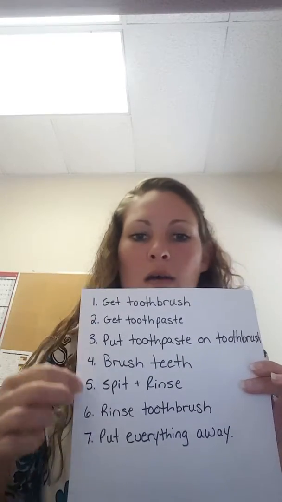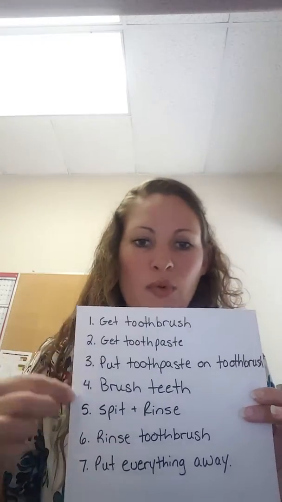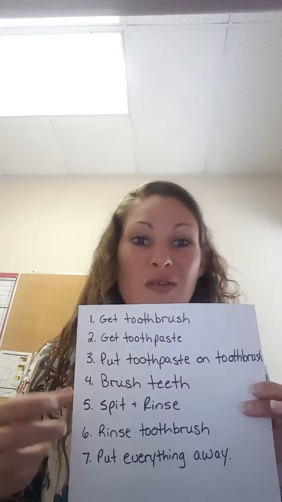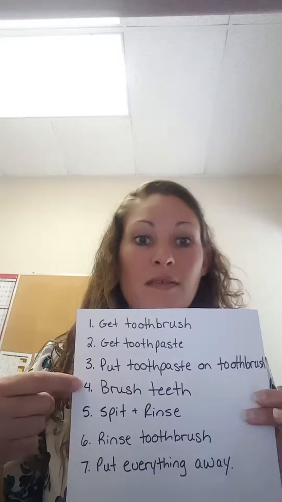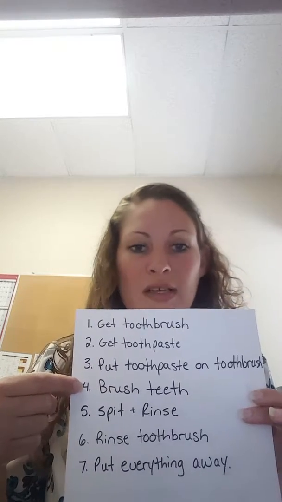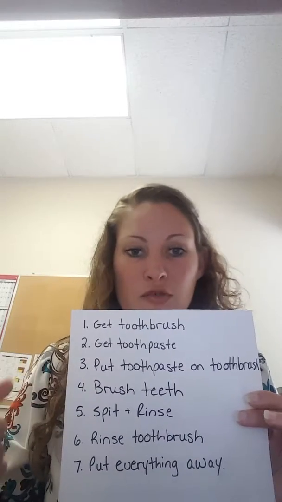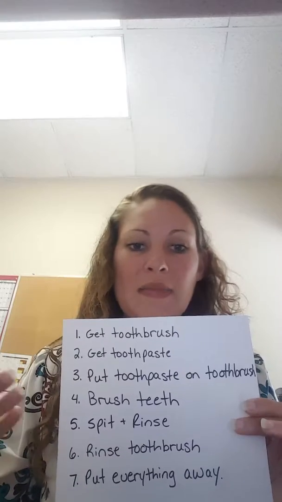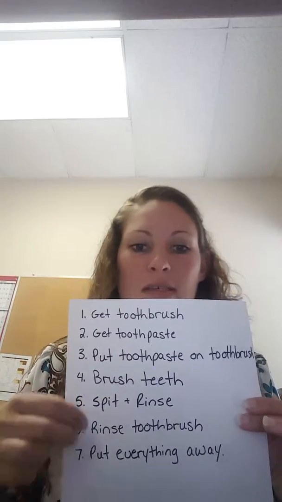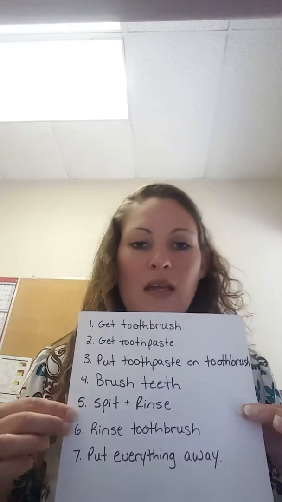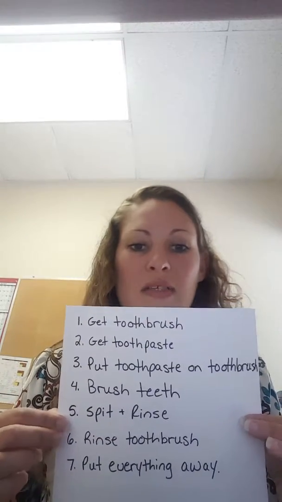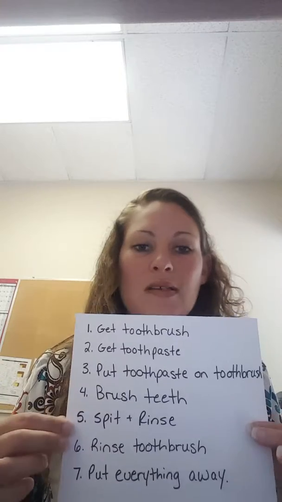So this is a rough outline of how you can break down toothbrushing into different steps. You can even go as far down to breaking down brushing teeth even further. Brush front teeth, brush side teeth, brush left, brush right, brush top, brush bottom, etc. But this is an example of a simple task analysis, and they're really effective when it comes to teaching new skills, especially skills of daily living.